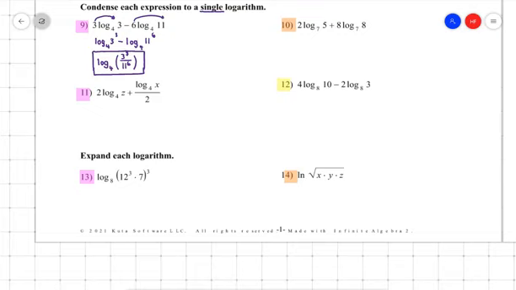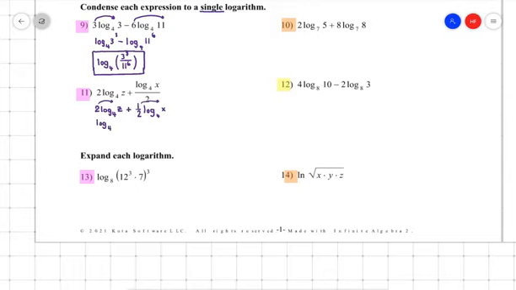And then on number 11, remember that when we have something over a number, it's the same thing as multiplying by that fraction. So we've got 2 log base 4 of z plus 1/2 log base 4 of x. So that's just a coefficient of 1/2, which will change into an exponent of 1/2.